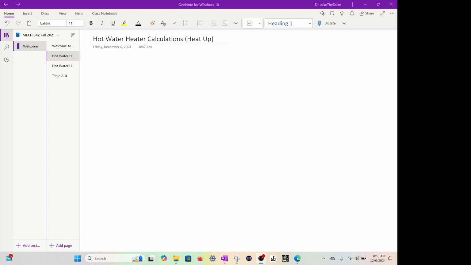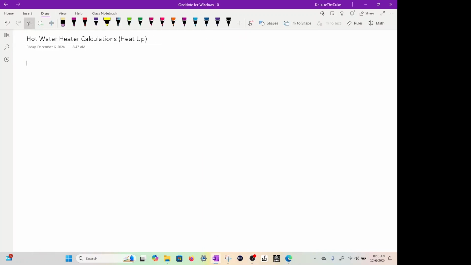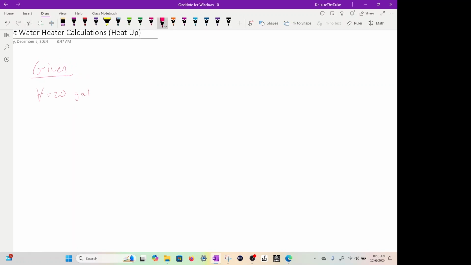So, if we have a hot water heater, how long does it take to heat up to a certain temperature? Let's go ahead. I'll make this bigger. Given: we have a 20-gallon hot water heater.